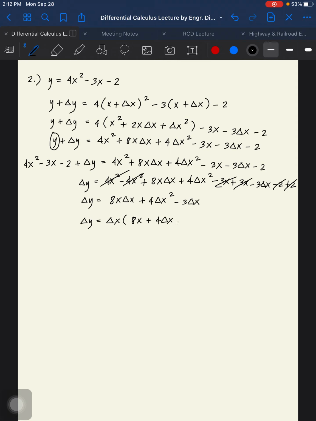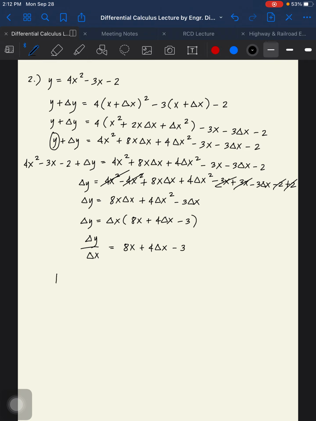Plus 4 delta x minus 3. So that if you distribute delta x here, it will arrive at the original equation on the right side. Okay. And finally, we get the ratio delta y over delta x equals 8x plus 4 delta x minus 3.